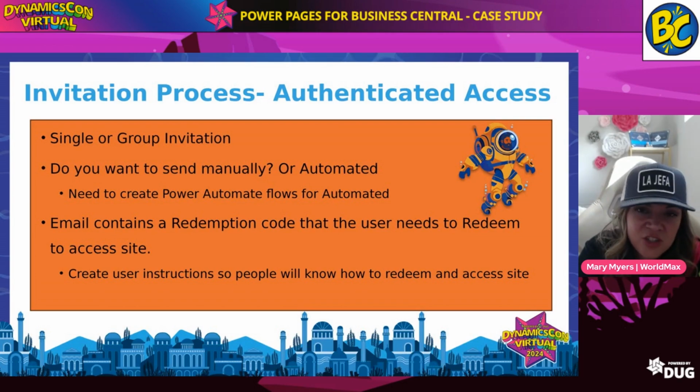Again, these are things you have to think about ahead of time. Additionally, whenever they send a redemption code, you're still going to need to authenticate them. We're going to get into that in just a second.